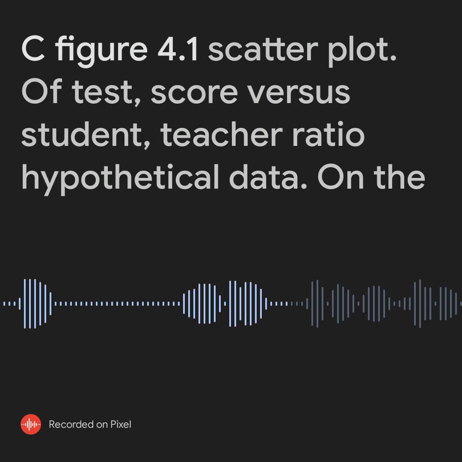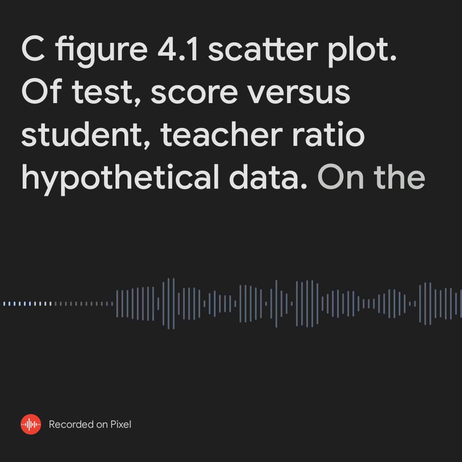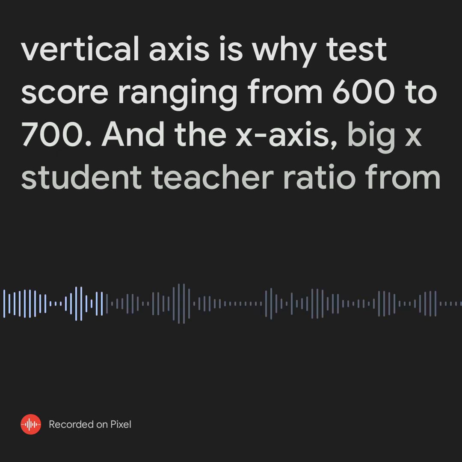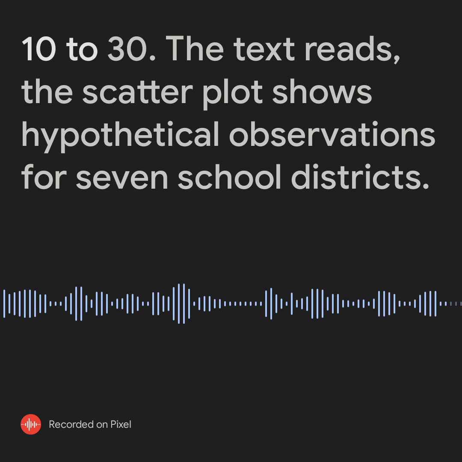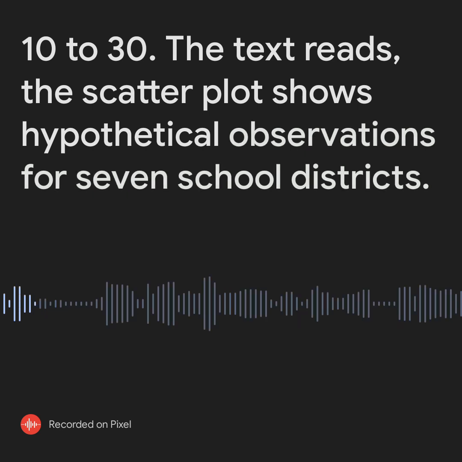See figure 4.1, scatter plot of test score versus student-teacher ratio, hypothetical data. On the vertical axis is big Y, test score, ranging from 600 to 700, and the x-axis, big X, student-teacher ratio, from 10 to 30. The text reads: the scatter plot shows hypothetical observations for 7 school districts.